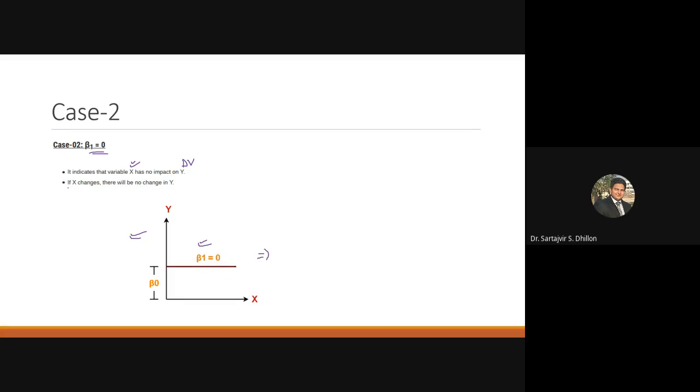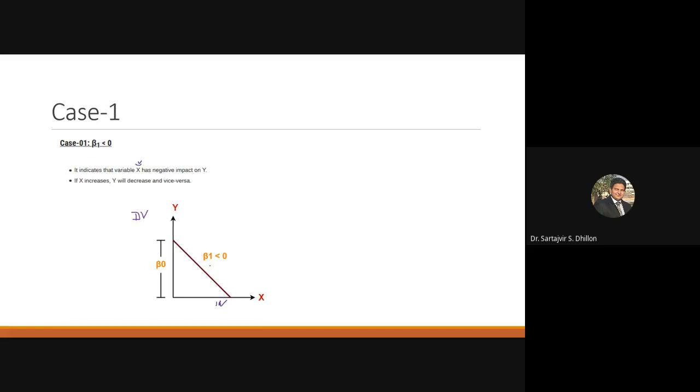And if x changes, then there will be no change in y, because y is always constant. So in this case beta 1 is 0, and here you can easily check it.